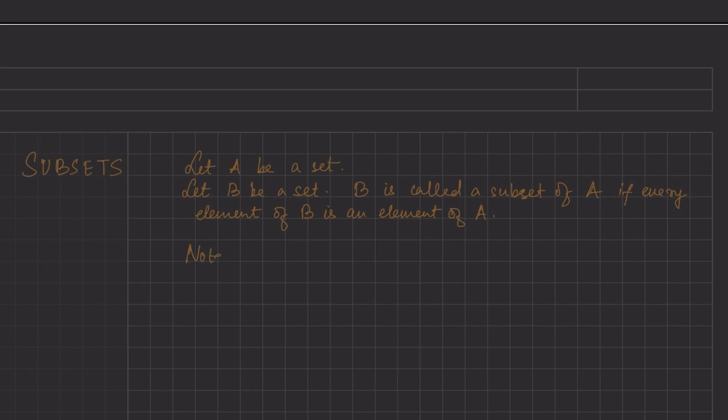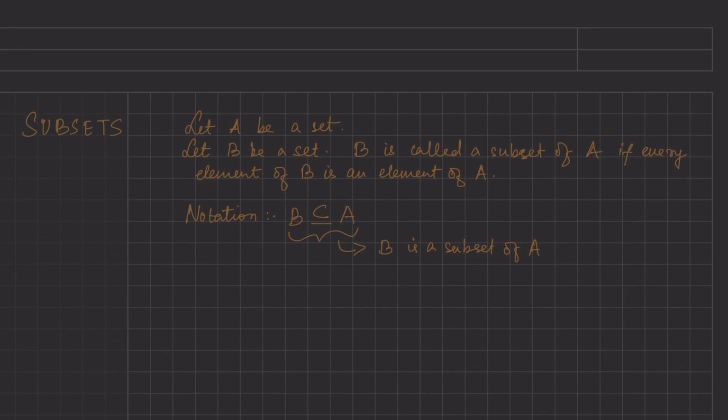The notation for a subset is this, where we denote with this particular notation that B is a subset of A. Now, here are some additional statements that we can derive just from this definition of a subset.